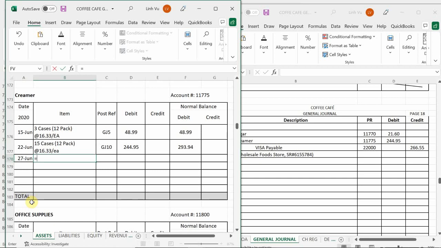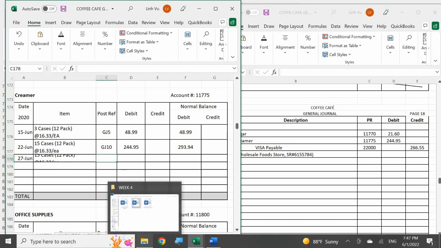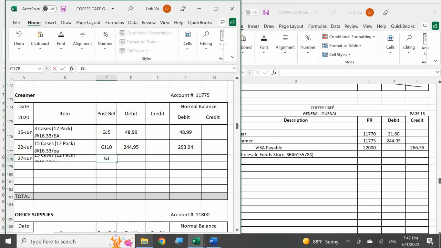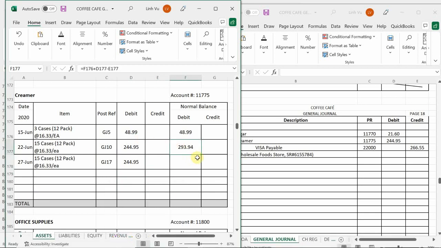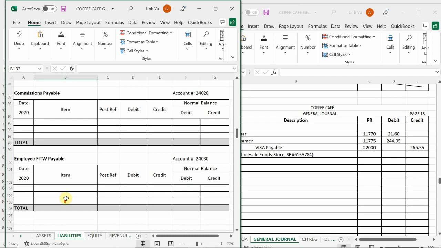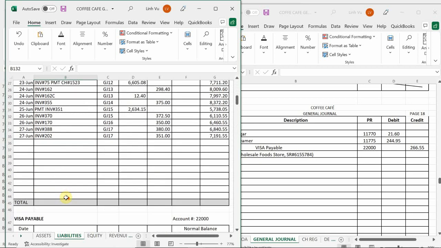Right? We end up buying another 15 cases of a 12-pack coffee creamer, okay? Which cost me $244.95. So that gave me a grand total of $538.89 worth of creamer. And of course, we end up charging on our Visa credit card.